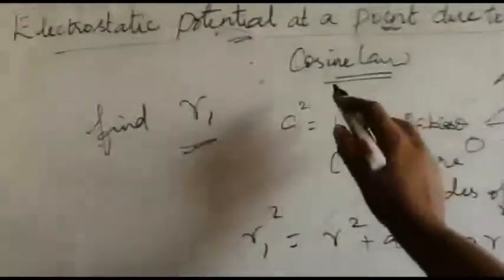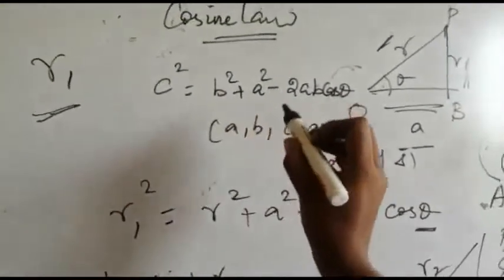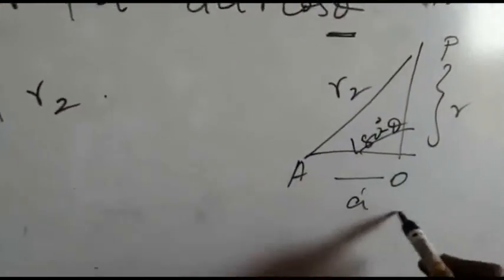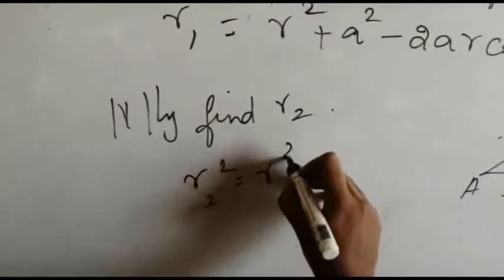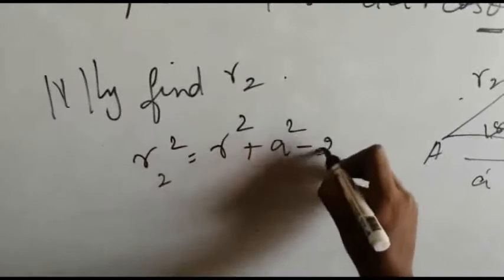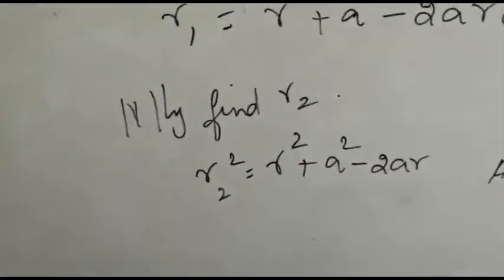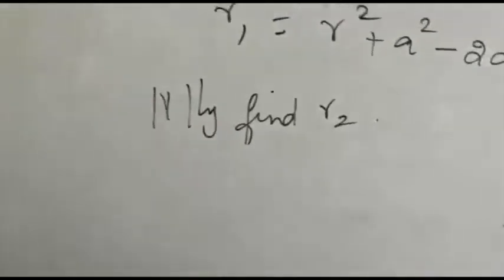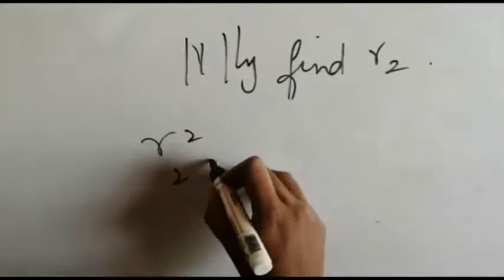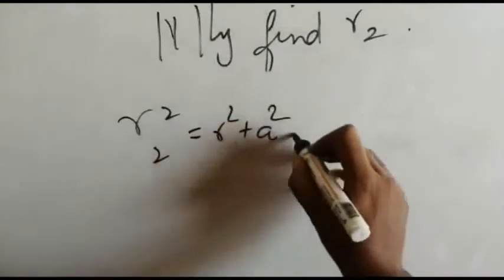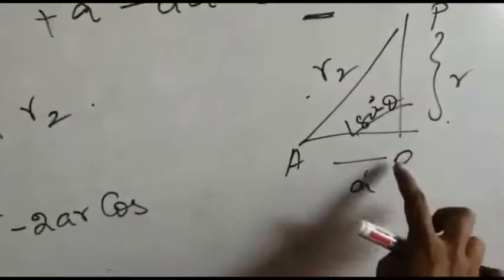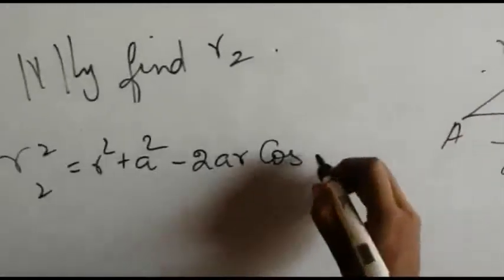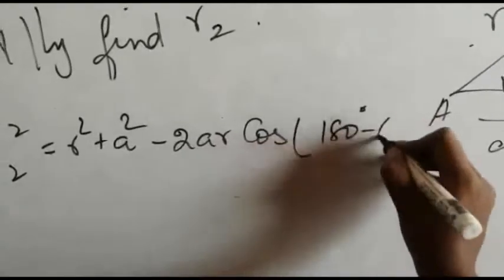Again by the cosine law, C square equals B square plus A square minus 2AB cos of the angle. The sides are A, R and R2. So R2 square is equal to R square plus A square minus 2AR cos of theta, but instead of theta, it is 180 minus theta.